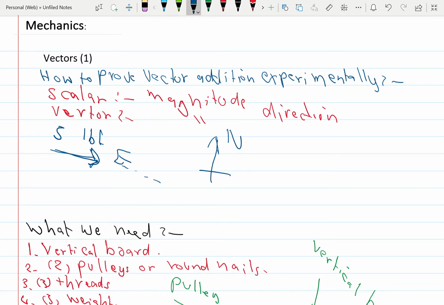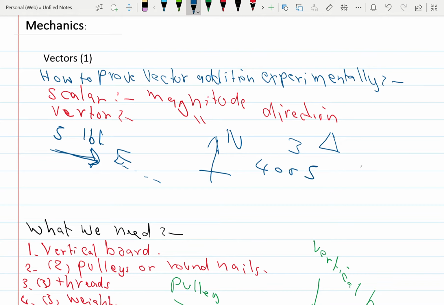And if we have around 3 forces, we can draw a space diagram, and after that we can draw something called a triangle of forces. If it is more than 3, say 4 or 5, then we do a polygon of forces.